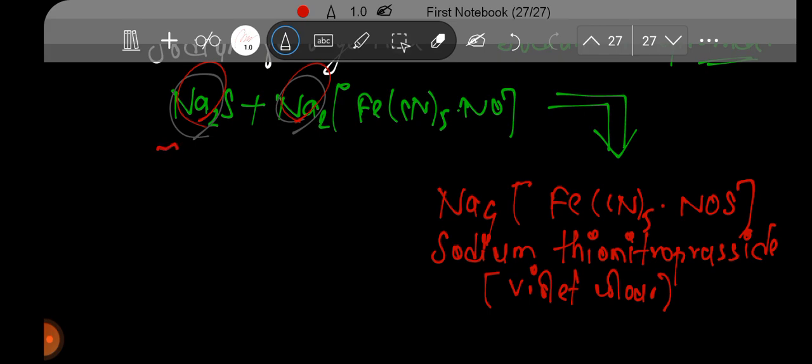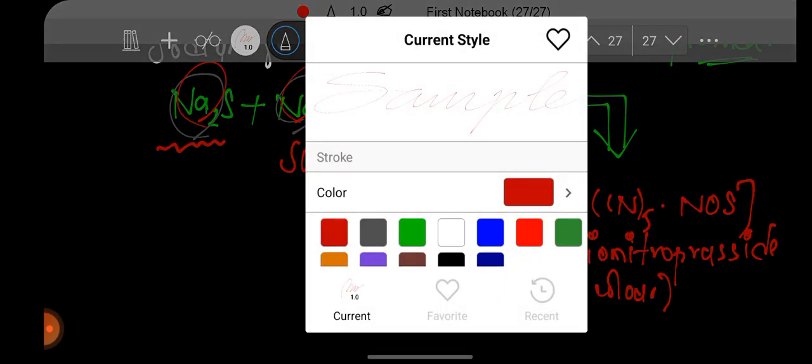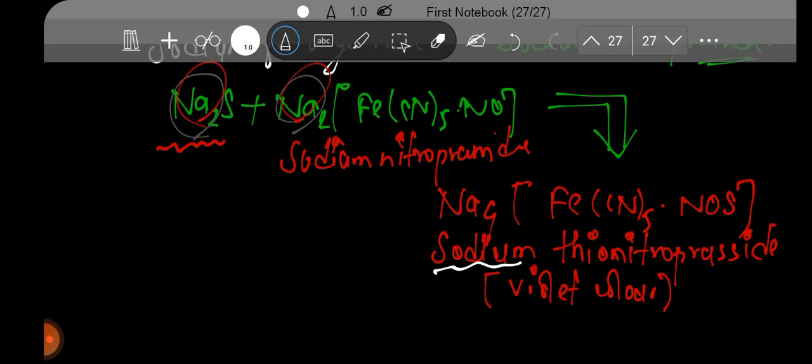First, you have sodium extract here, Na2S, and this is sodium nitroprusside. No changes, only sodium. I wrote thio because we added sulfur inside.